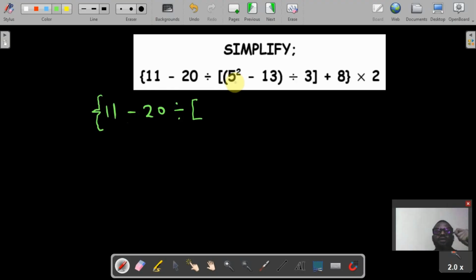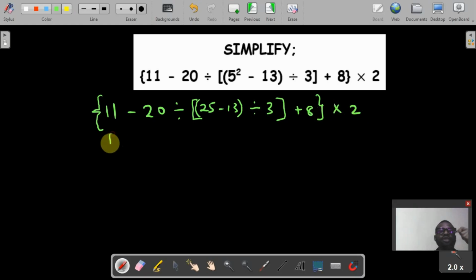Then I'll handle this bracket inside here. So 5 square is 25 minus 13. Okay, 25 minus 13, bracket close, then I have divided by 3, then I close the bracket, then plus 8, then the bigger bracket will be closed, then multiply by 2.